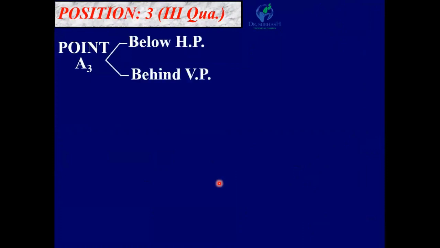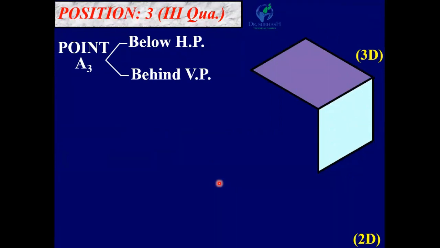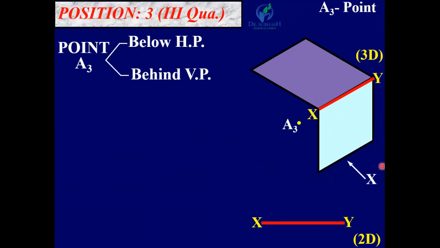Now let us see position 3, third quadrant. So point A3 is below HP and behind VP. Third quadrant means below HP, behind VP. So in three-dimensional, the horizontal plane and the vertical plane meet at the XY line. Point A3 is here, denoted by yellow color. Now looking from this X direction, its front view is a3 dash.